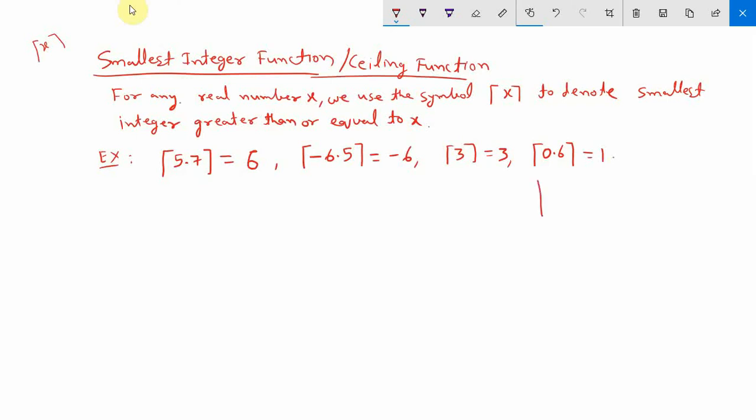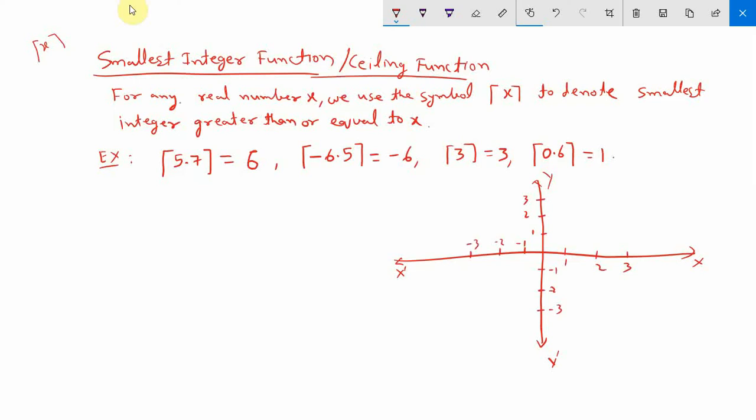So how do we represent the smallest integer function on a graph? This is our y-axis and this is our x-axis. This side 1, 2, 3, and this side minus 1, minus 2, minus 3.